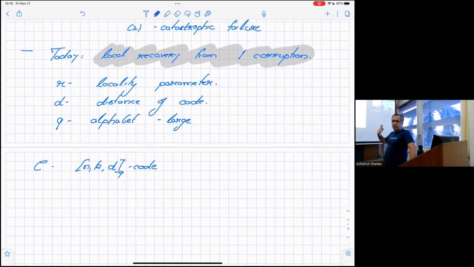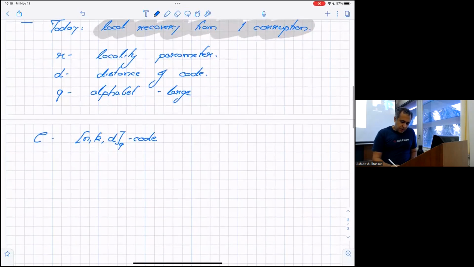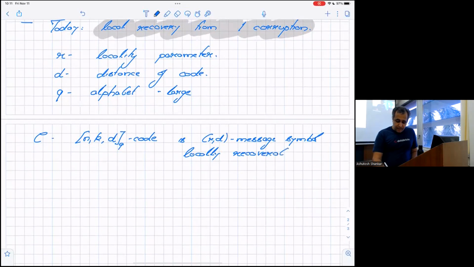In fact, all the constructions you will see will be linear codes. They will actually be modifications of the Reed-Solomon code. An (n, k, d) code is r-message symbol recoverable, or just short, an (r, d)-LRC.